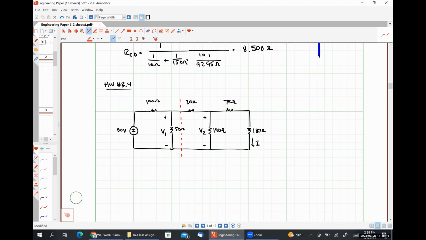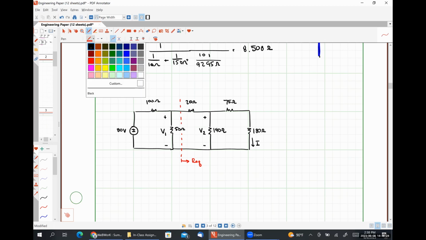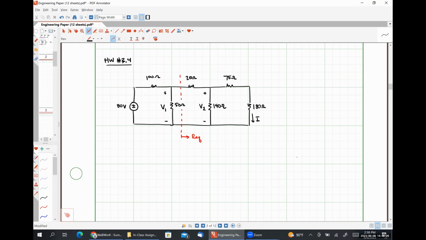And you're asked in part A to find the equivalent resistance of everything to the right of this dashed line, right? So what we could do is literally disconnect that portion of the network and find the equivalent resistance.